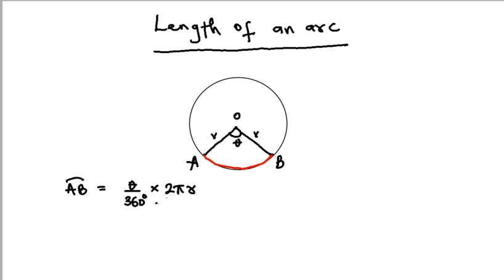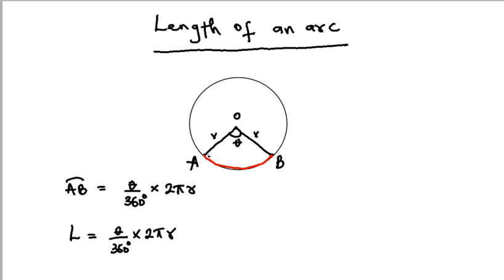Yes, and that's the formula. In the case where it was not called AB, you can just call it L. L we use at times to refer to the length of the arc. So L is equal to theta over 360 degrees times 2 pi r.